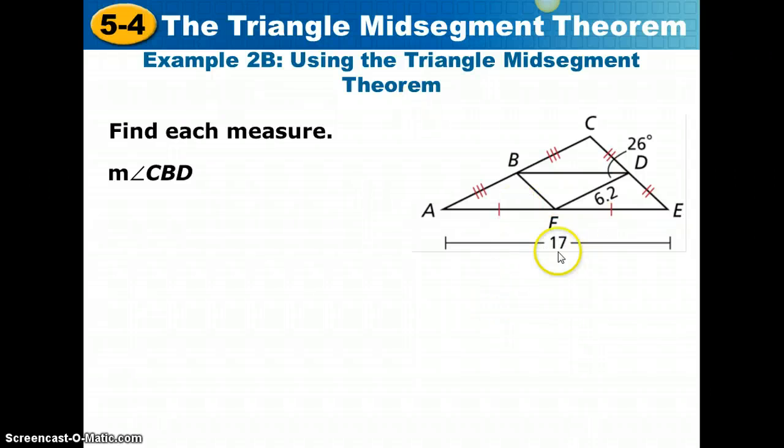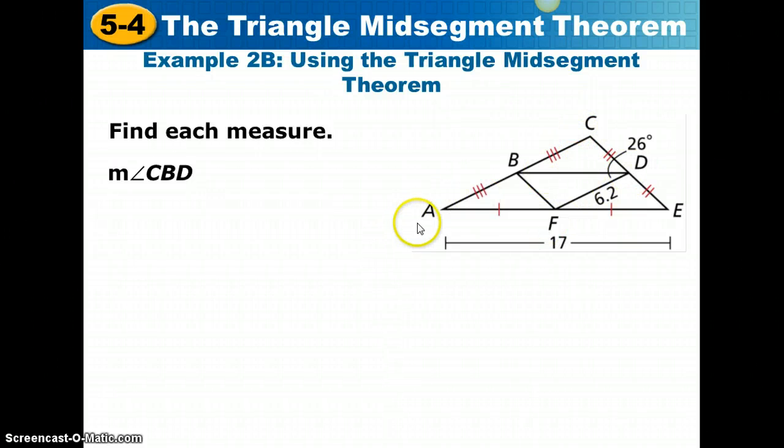Using the same example, we can also talk about the angle measure for CBD. Now, remember what we have about parallel lines cut by a transversal. If I think of BD as parallel to AE, I can find this angle measure by also looking at midsegment DF, which would be parallel to AC.